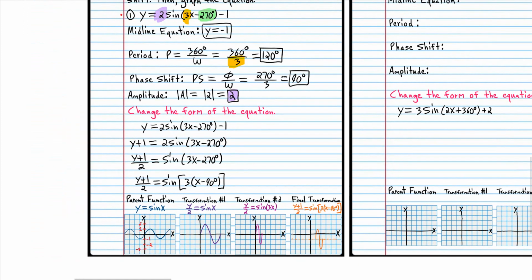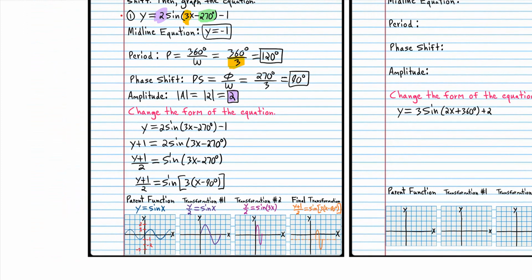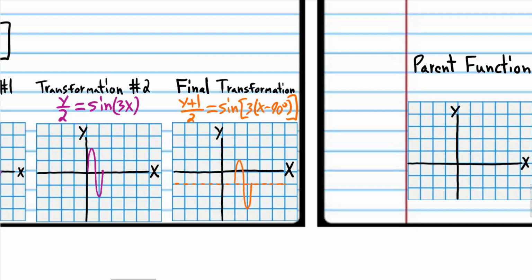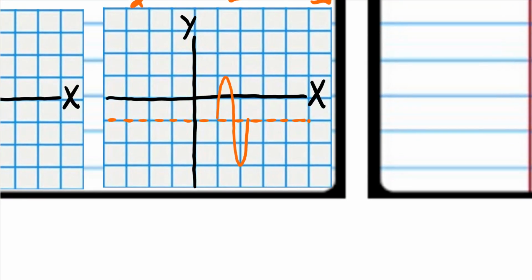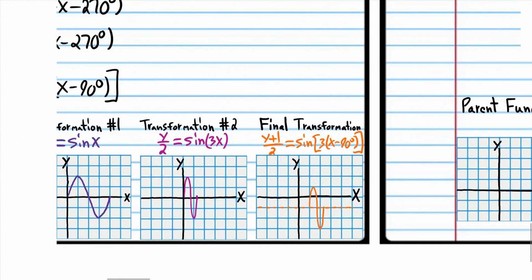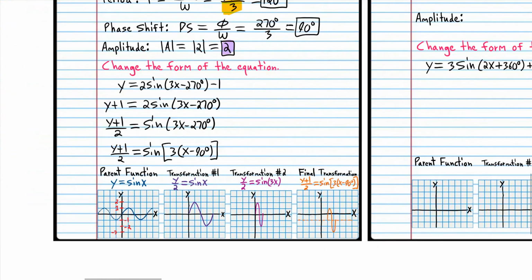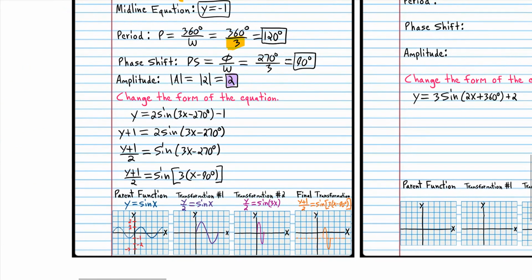And the period, the horizontal distance for one complete cycle is 120. That's what we found down here. We start at 90 degrees, and then we go out 120. That's the horizontal distance for one complete cycle.